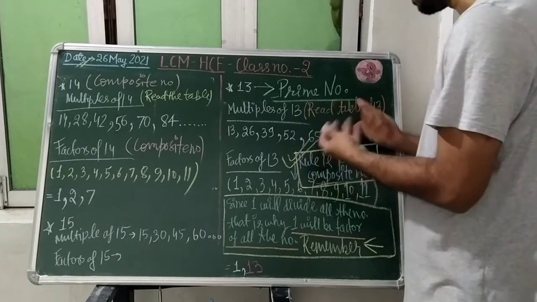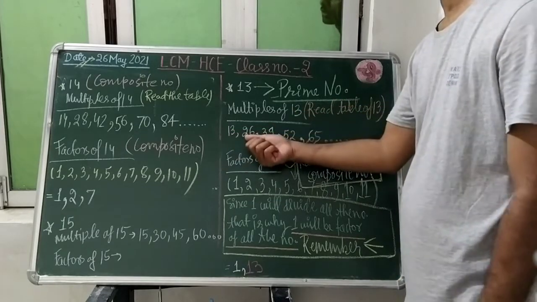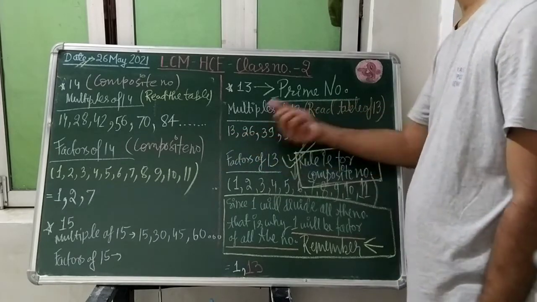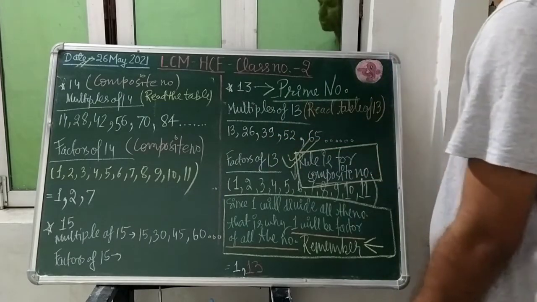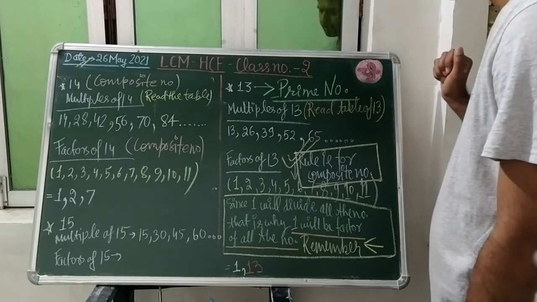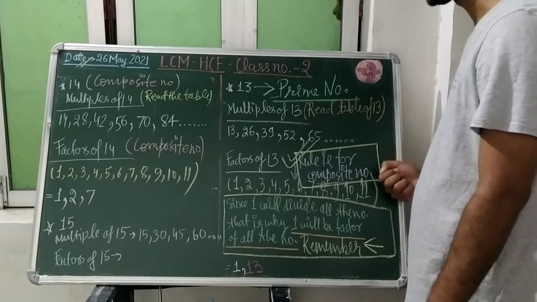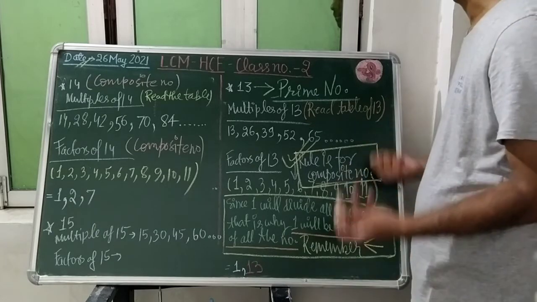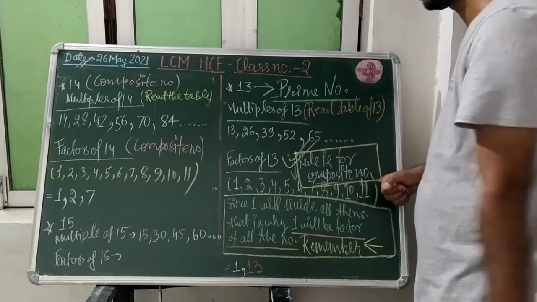We will read out the table of that number. 13 1s are 13, 13 2s are 26, 13 3s are 39, 13 4s are 52, 13 5s are 65. Like it will move on, as the multiples of any number are unlimited, and multiples of any number are nothing but the numbers which come in the table of that number.